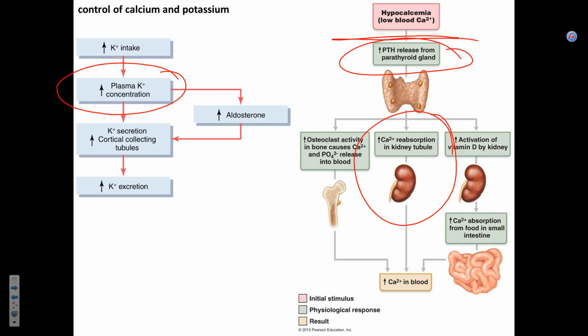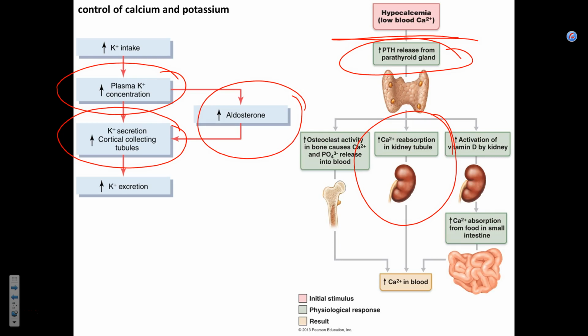Does that make sense? And then potassium is excreted in two ways. One, direct excretion. It's filtered out. And second is aldosterone mediated.